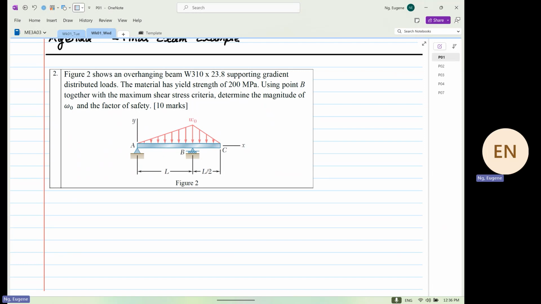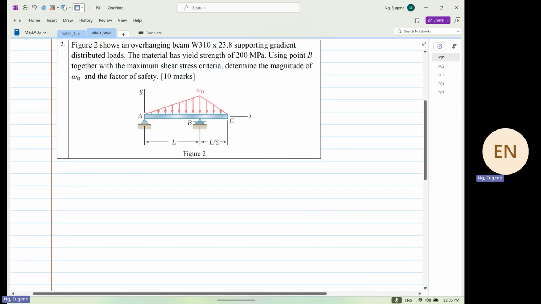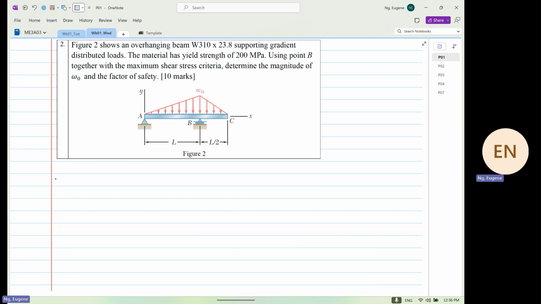So the first thing that we're going to determine is our shear force at B and the moment at point B. This is what we're going to determine first.